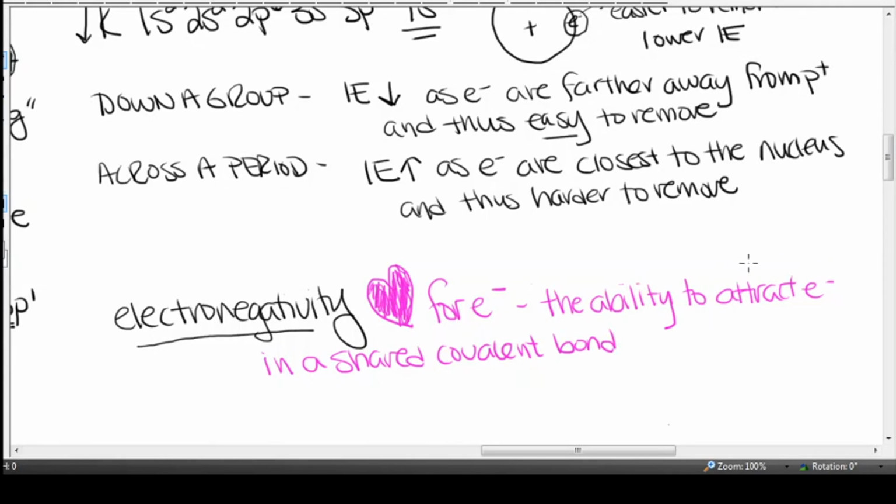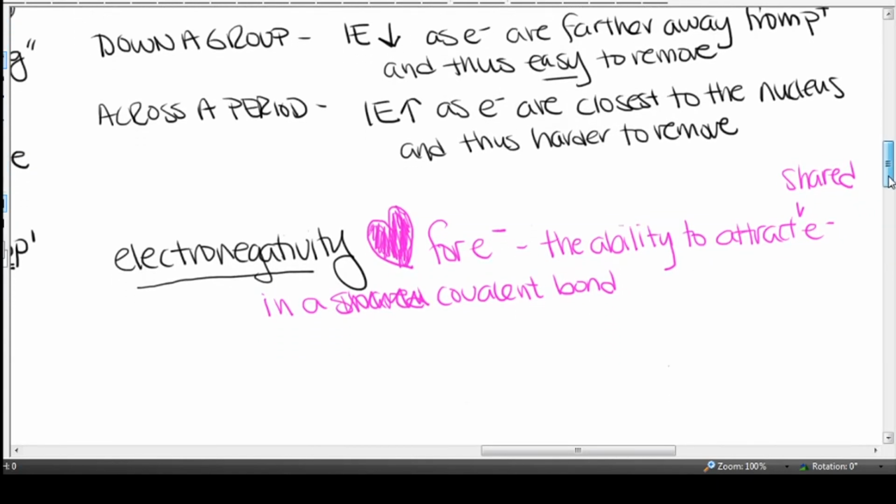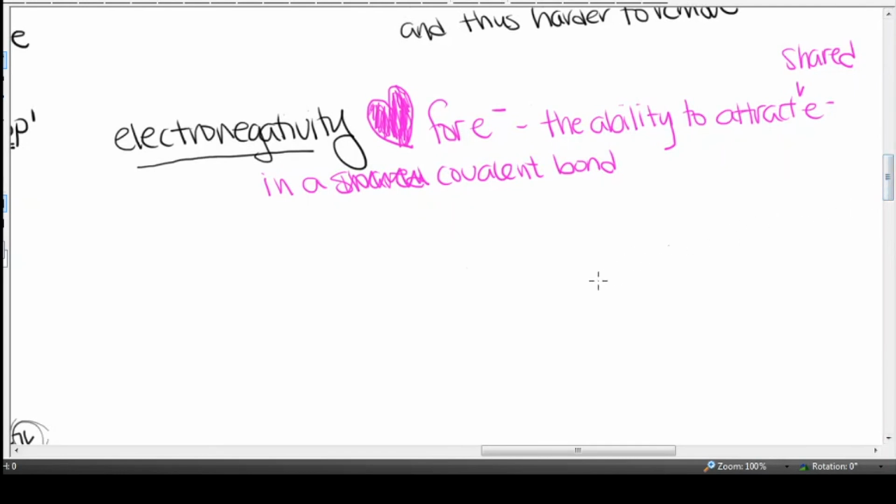Actually, you guys, I should have said the ability to attract shared electrons, the electrons that are being shared in a covalent bond. Now, you don't even really know what covalent bonds are yet. That's my next unit. This is going to be important stuff. This is actually what determines whether or not a bond, and thus a molecule, is polar or nonpolar. I know you remember that from biology, right?